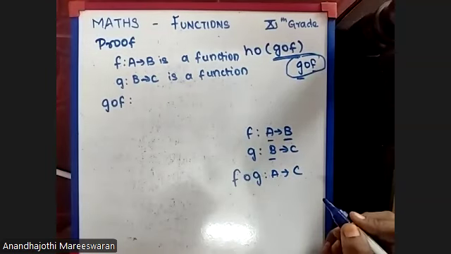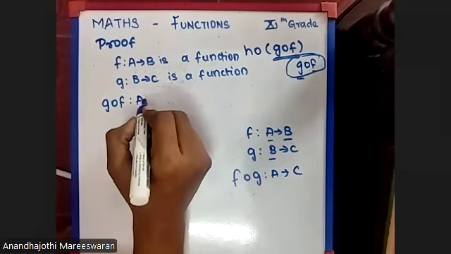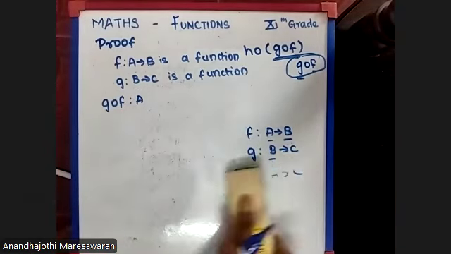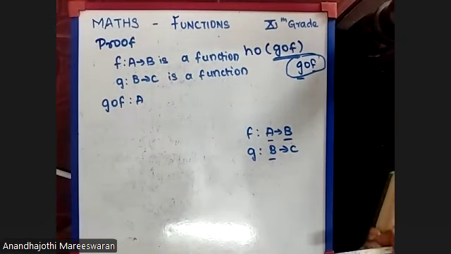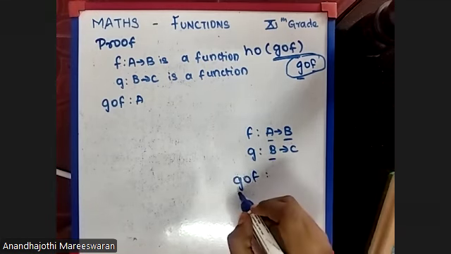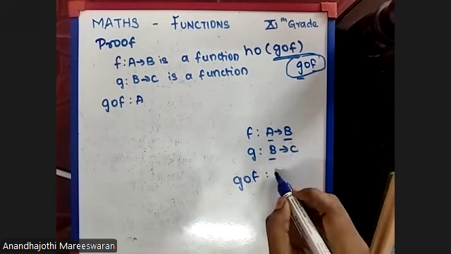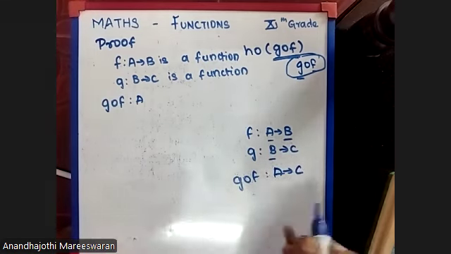G circle F, sorry, I wrote it wrongly. G circle F lies in which? A maps to C, right? Okay.